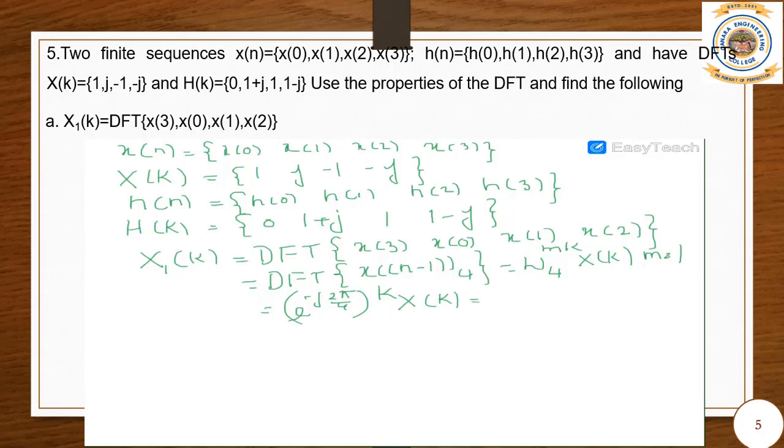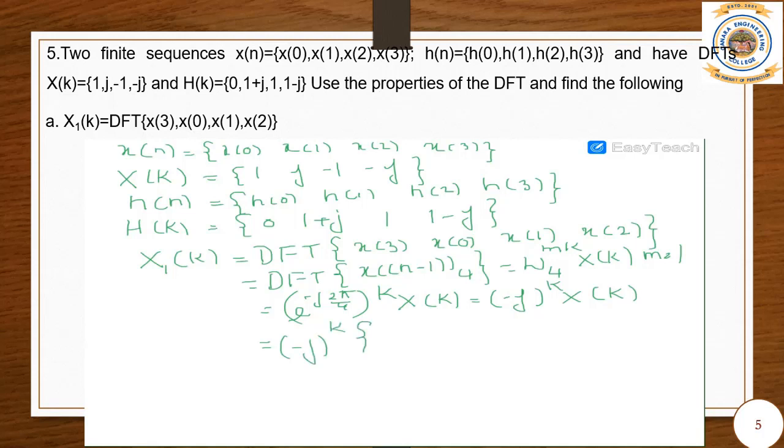So cos pi by 2 is 0, minus j sin pi by 2, that is minus j to the power k x of k. This is equal to minus j to the power k.